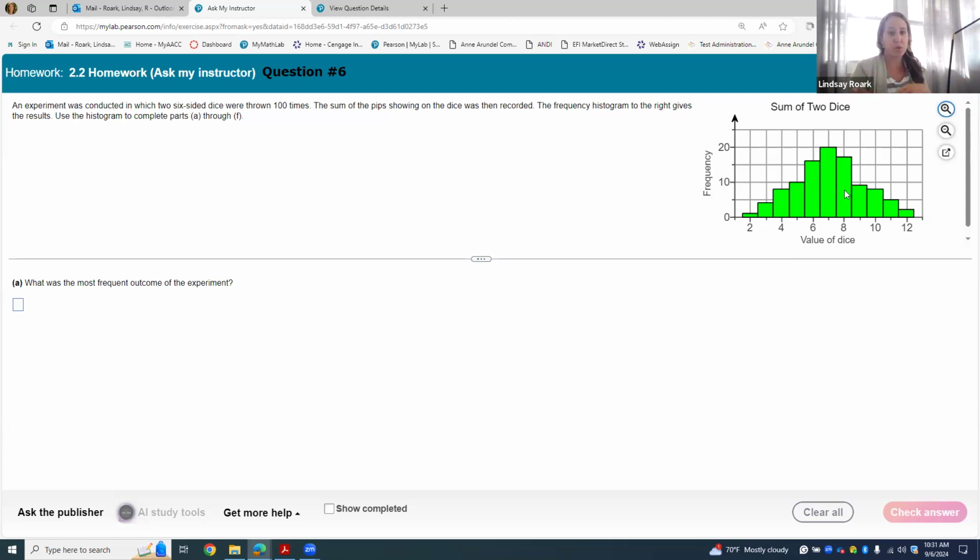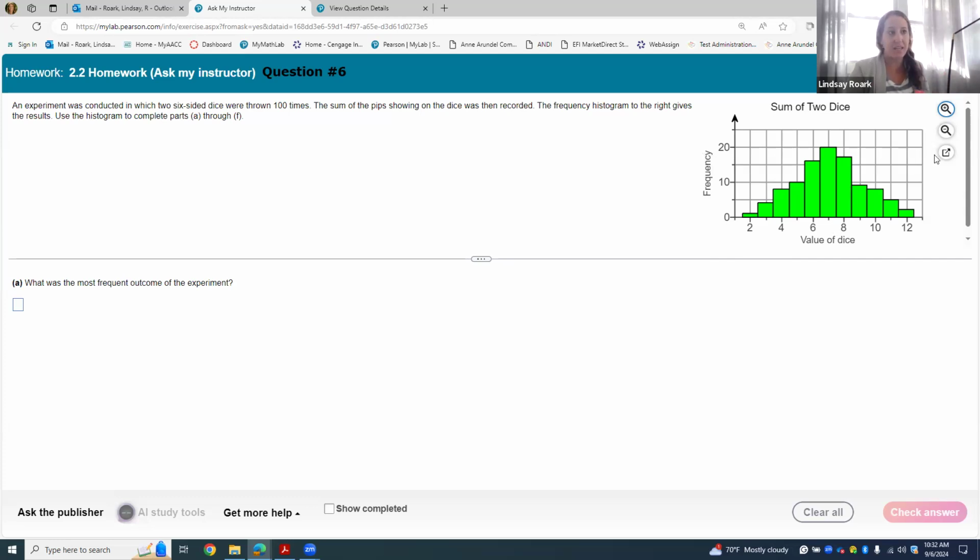Because essentially they rolled these dice, and then they recorded how many times they had each sum of the dice, and then they made a histogram out of it. So we can see that the highest bar here would be the most frequent, because again, this is just a frequency histogram. It looks like the frequency is 20, but the actual outcome looks like it's 7.